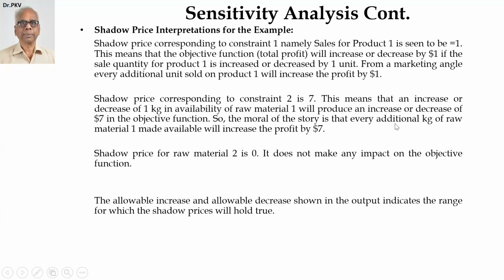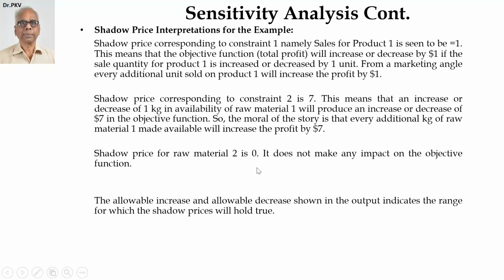The moral of the story is every additional 1 kg of raw material 1 availability will increase the profit by $7, which is substantial. Therefore, you do something to find out how to increase the availability of raw material 1. Maybe you try to identify more suppliers.